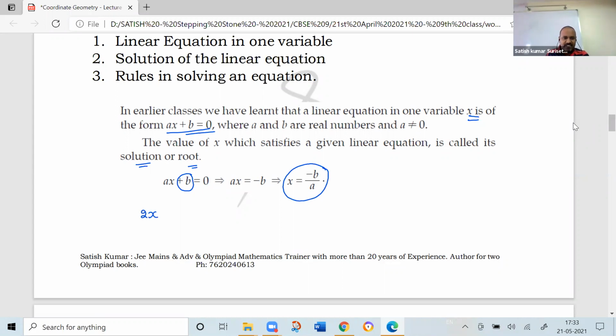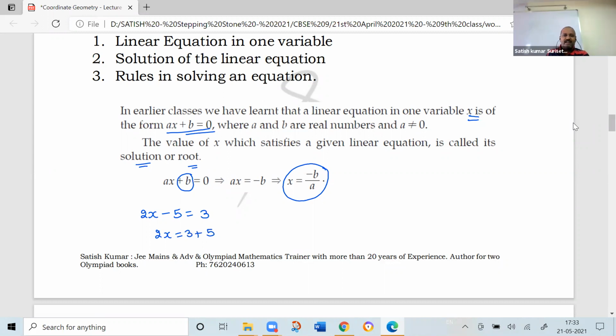Tell me the solution of this equation: 2x minus 5 equal to 3. So x is equal to 4. Correct. What you have to do here is 2x equal to 3 plus 5. That means we are adding 5 on both sides.